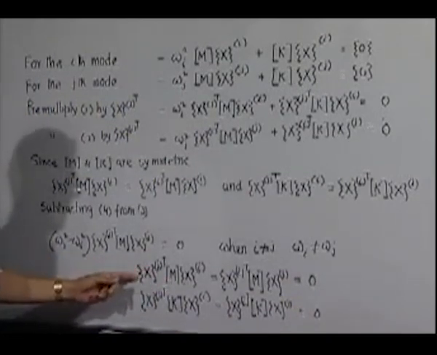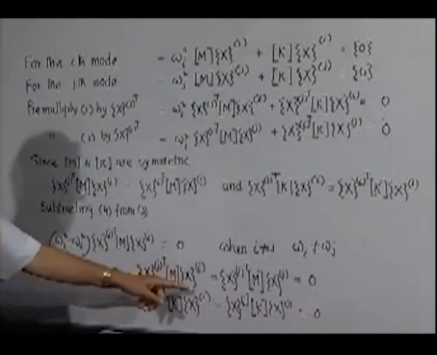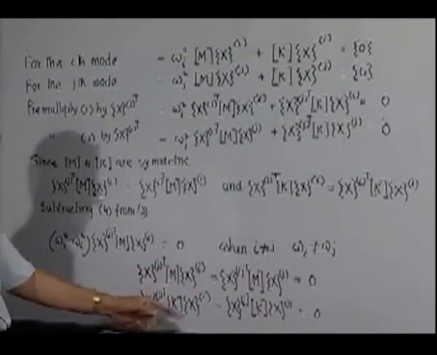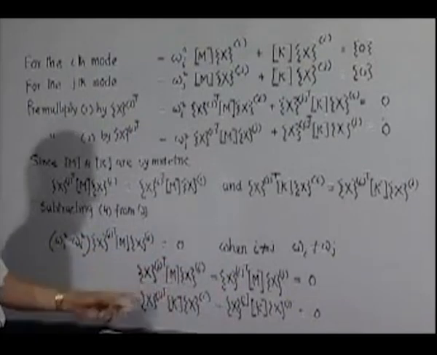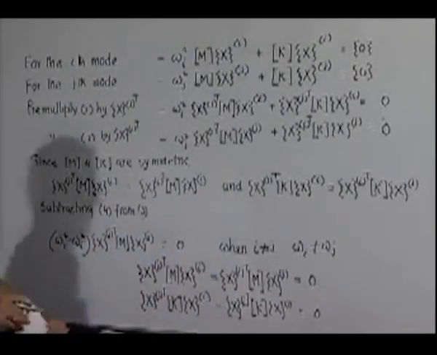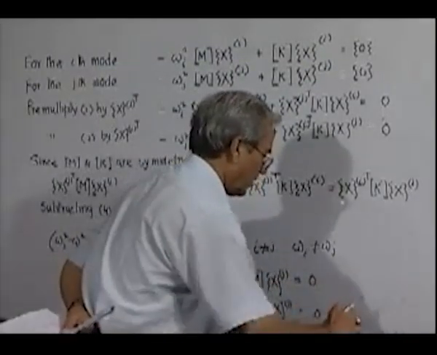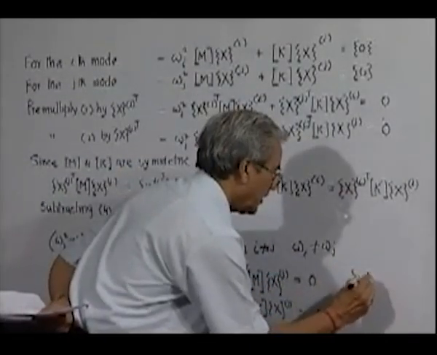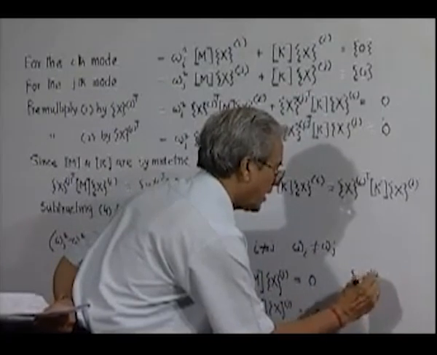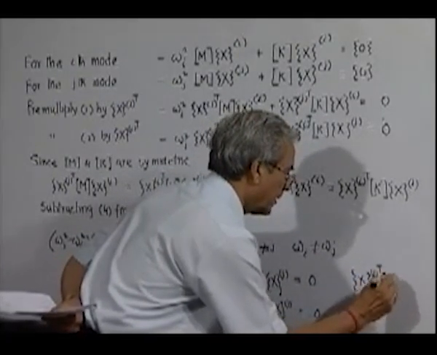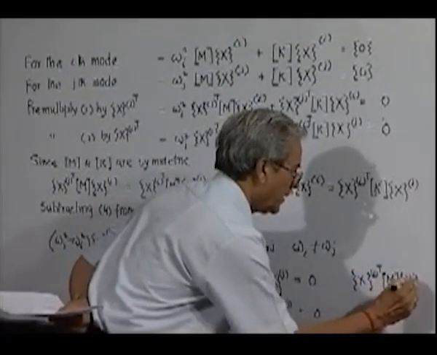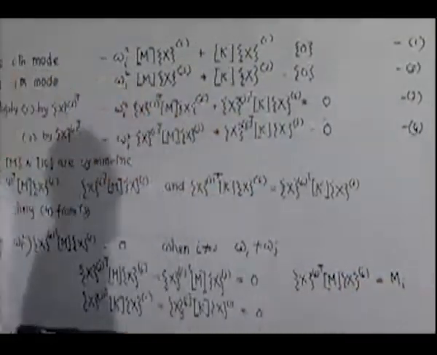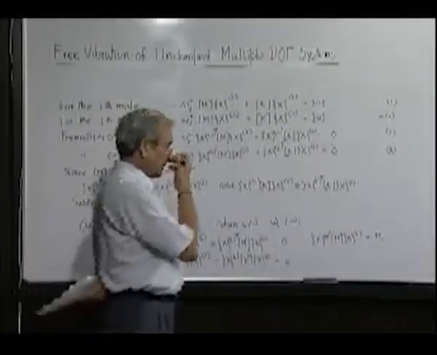That means for two different modes, when post-multiplied and pre-multiplied, both the mass matrix and K matrix give 0. They are not 0 only when i and j are equal, and they are called generalized mass and generalized stiffness. That means, if I put x i transpose M x i, this will be a quantity which we may call m i, and we can give the name generalized mass.